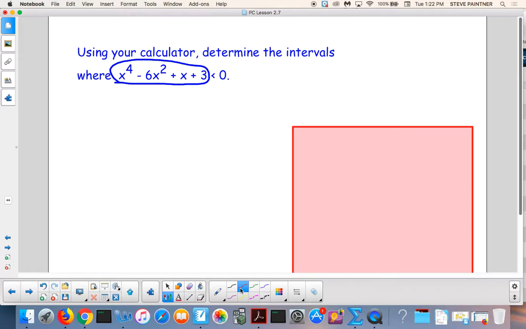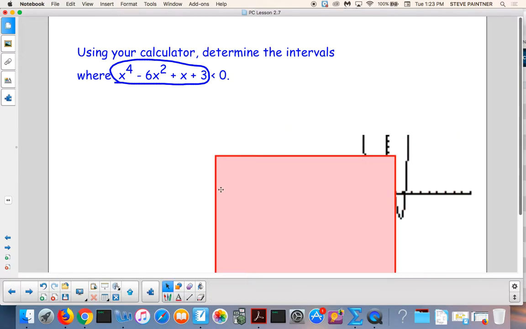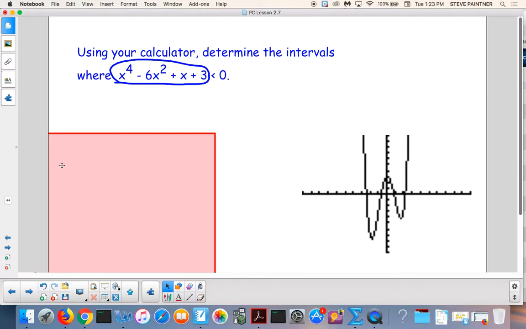Oh, got it. Okay, that's yes. All right, did you graph it? Yeah, I think if you put it on a 10 by 10 window, I think it's fine. Right? Okay.